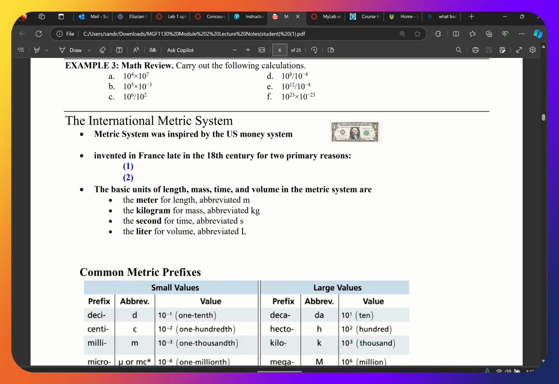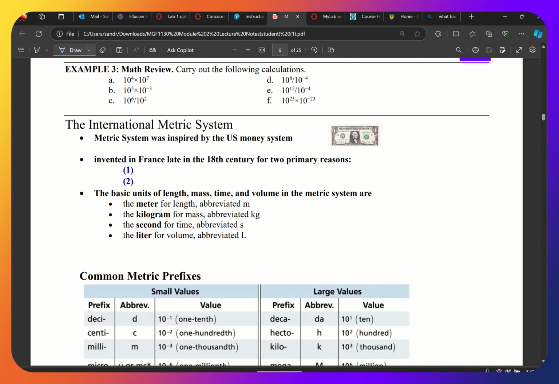So the question is, a decagram is blank times as large as a nanogram.